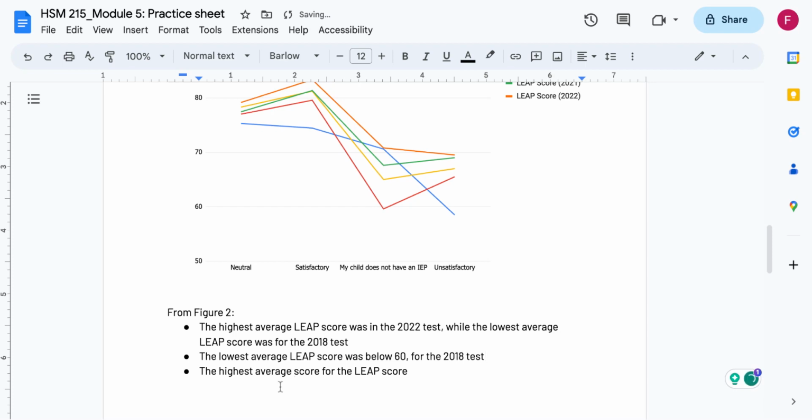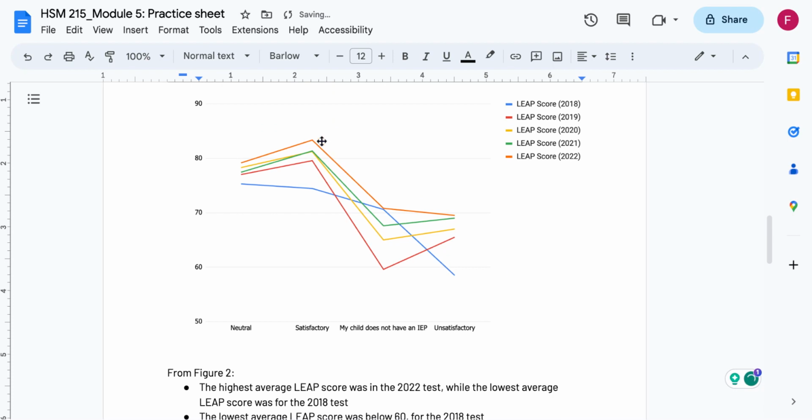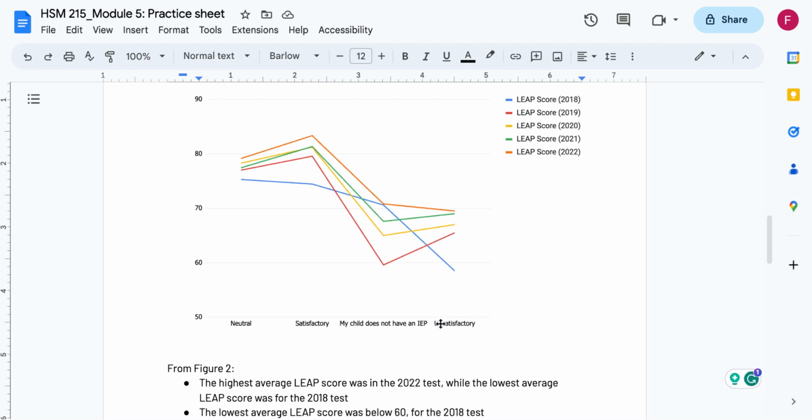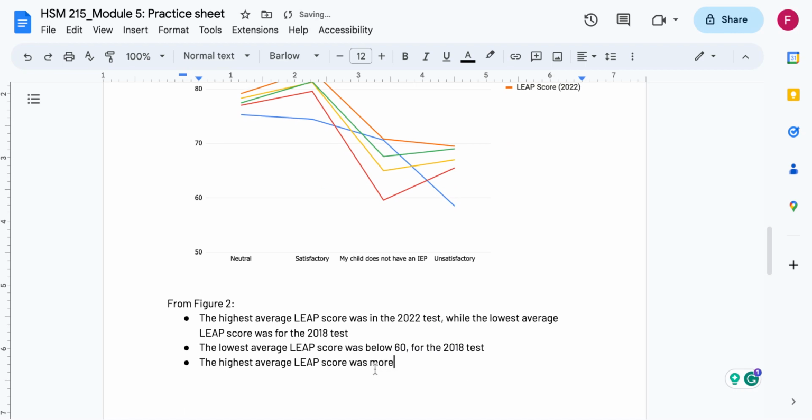So the highest average LEAP score was more than 80%, and this was for the 2022 tests. So that's what we know.